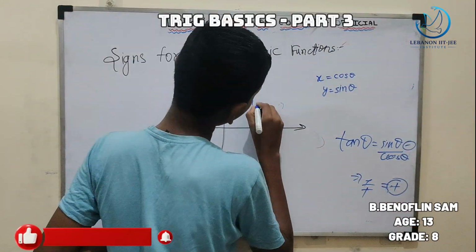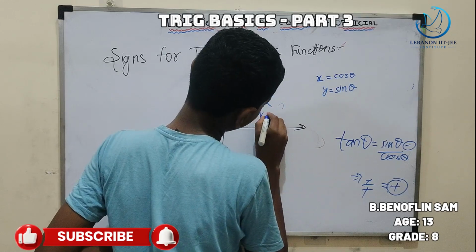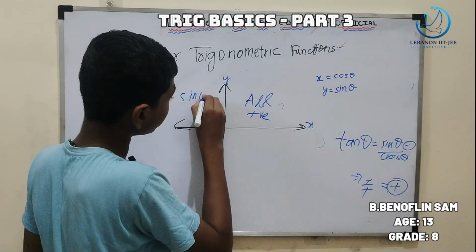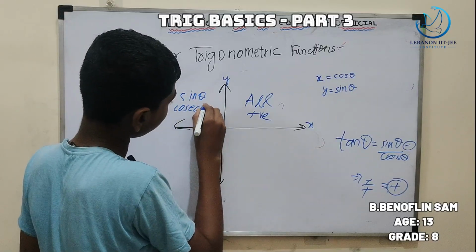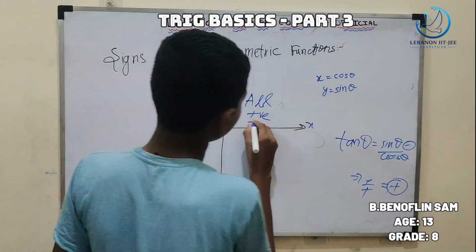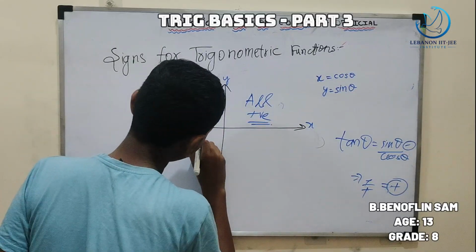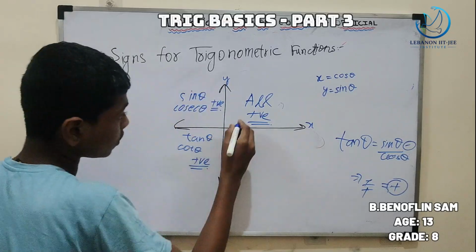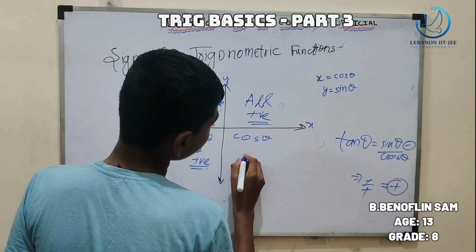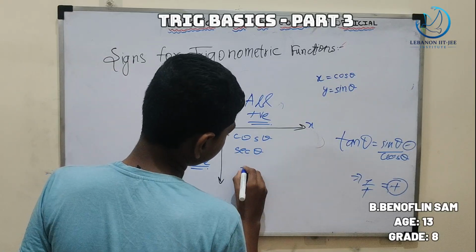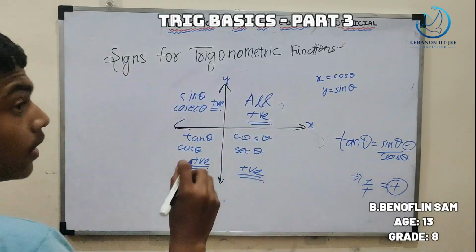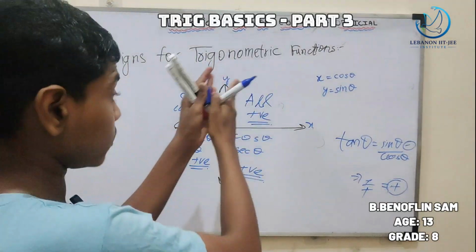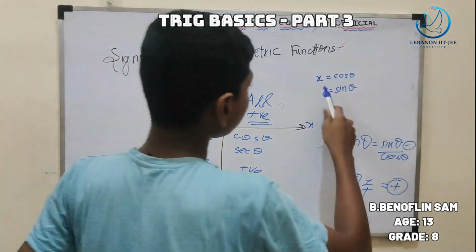Here all are positive. In the second, sine theta and cosec theta are positive. In the third, tan theta and cot theta are positive. In the fourth, cos theta and sec theta are positive. In the first quadrant everything is positive. In the second, sine and cosec, since y is equal to sine theta.